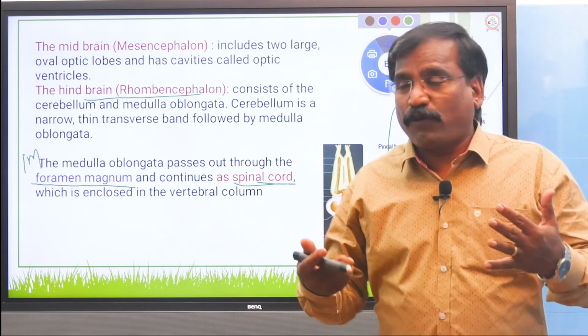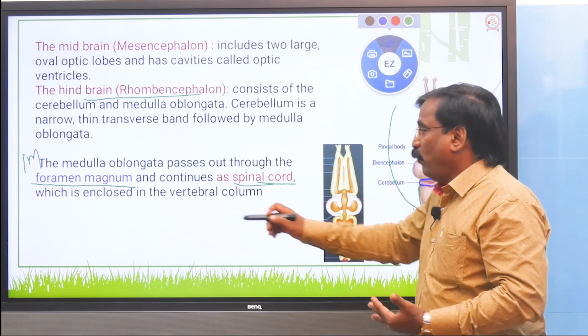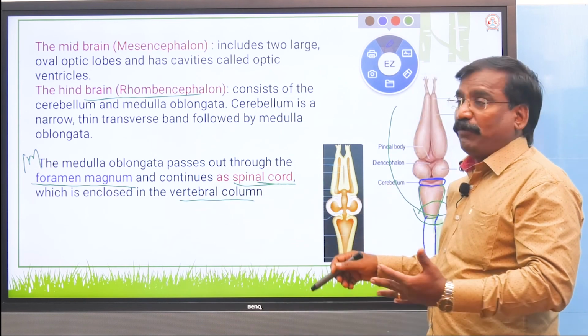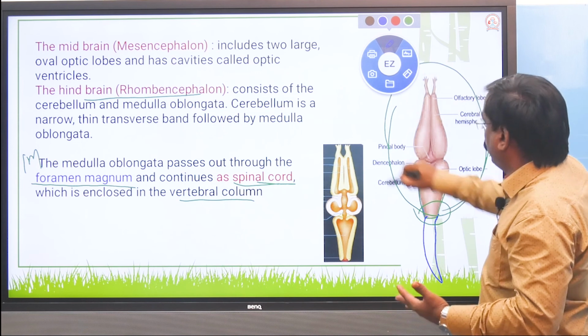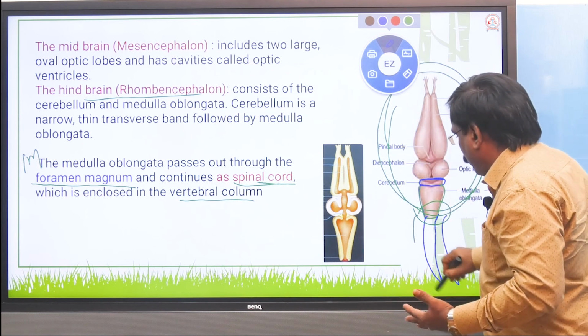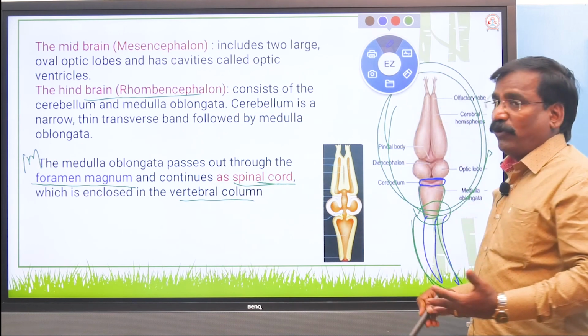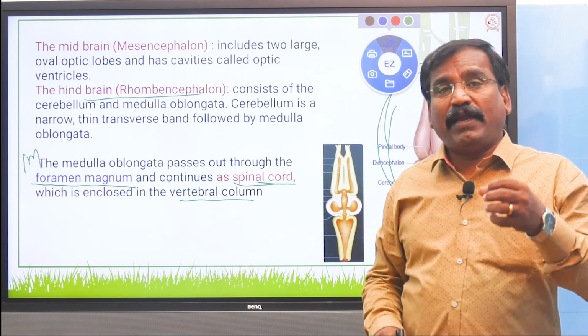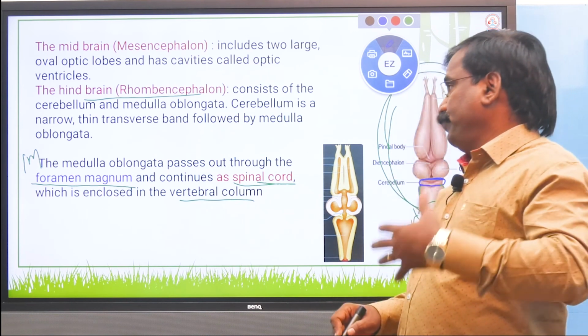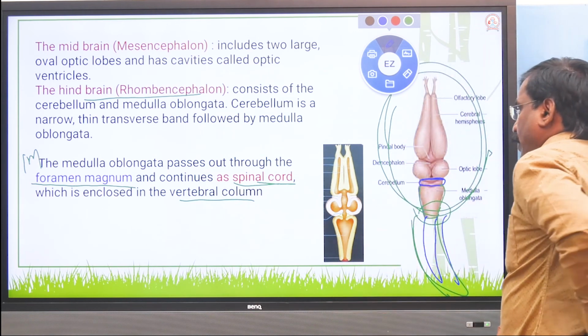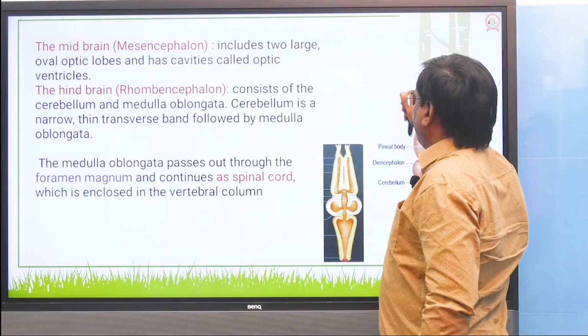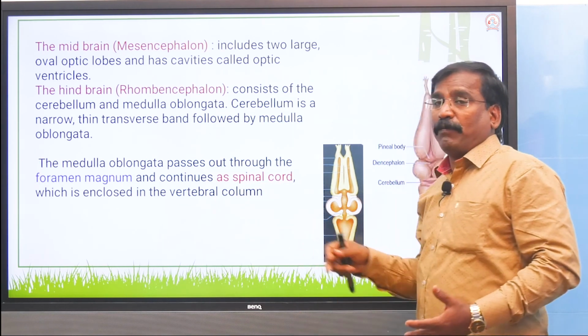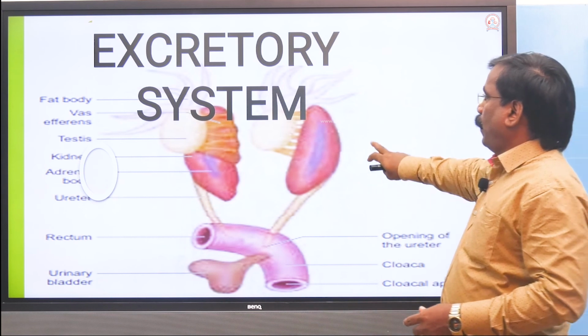Just as the brain is located inside the cranium, the spinal cord is protected inside the vertebral column, the backbone.